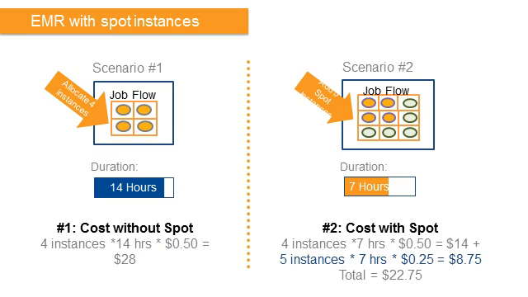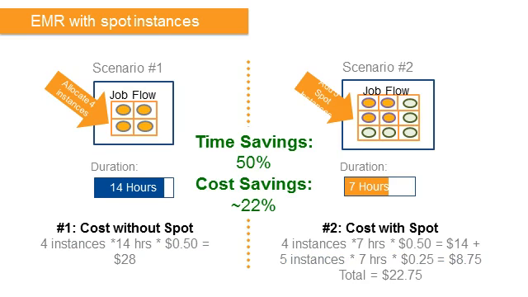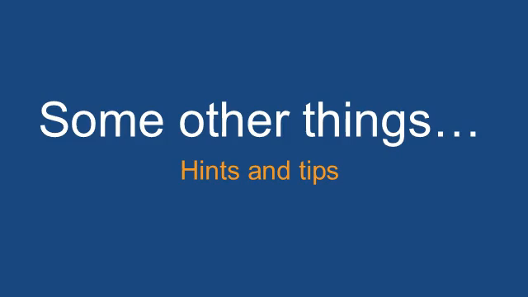So it's a great tool to use if you're using EMR to A, reduce the time that it takes you to execute your EMR flows, and B, also to reduce the cost of running those jobs. So I really encourage you to take a look at the spot market. And it's very easy using the EMR console to integrate spot resources into your cluster, or even add spot resources to a cluster that's already running in order to bolster the amount of compute resource that it has and reduce the time that it takes to complete a task.